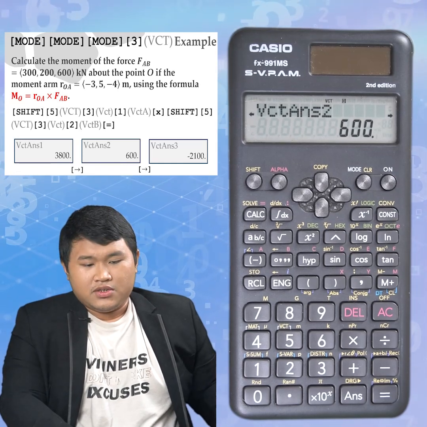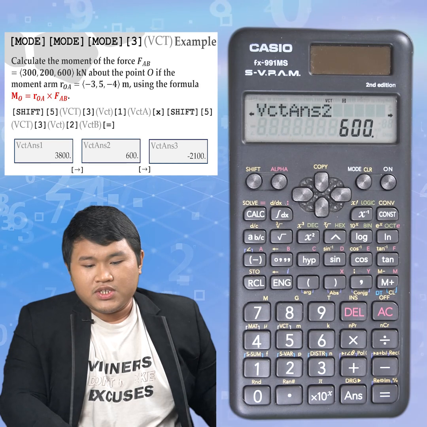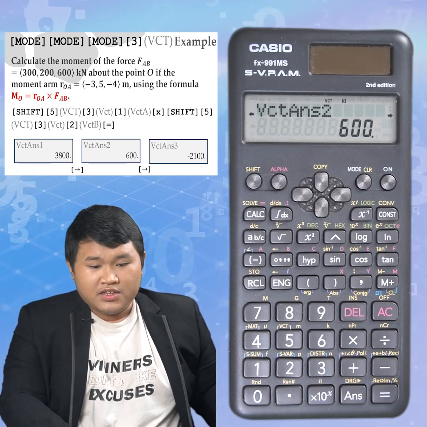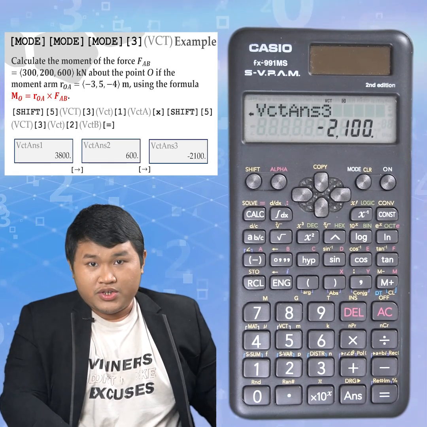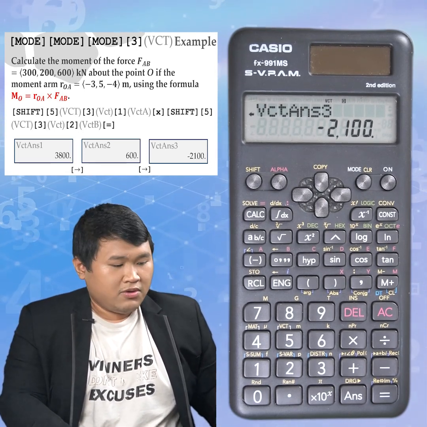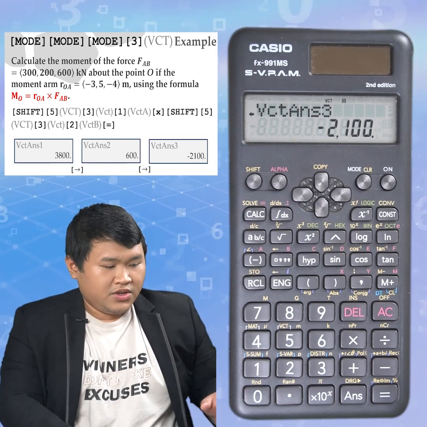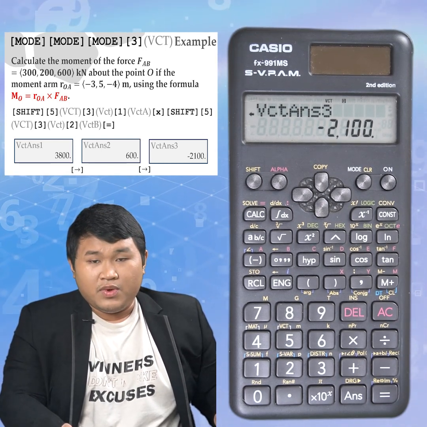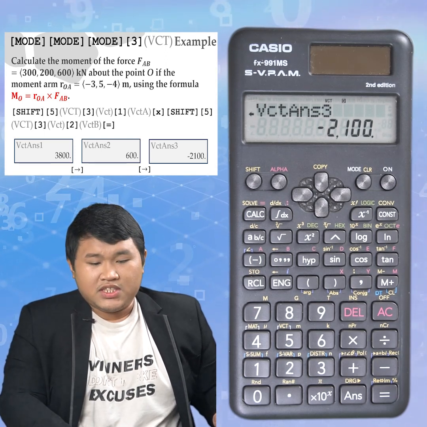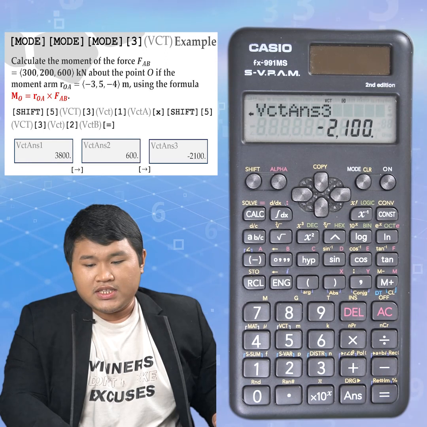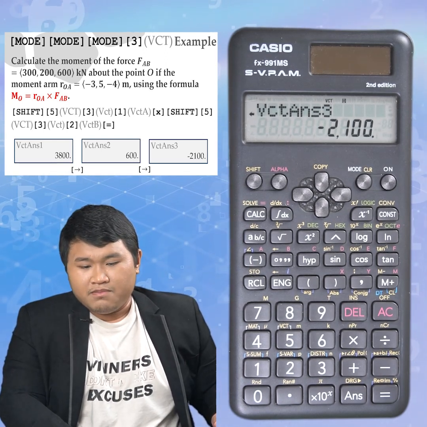Pressing the right key will show us the y component, which is 600. And then pressing again the right key will show us the third component, which is negative 2,100. Taking all of these together, we now have the final result for the moment, which is 3,800, 600, and negative 2,100 kilonewton meters.